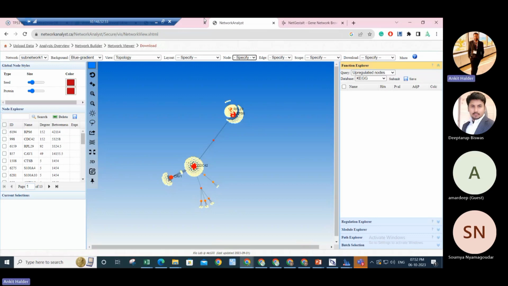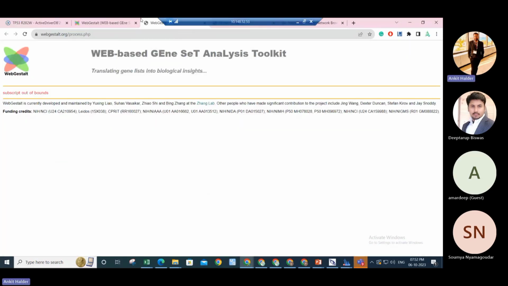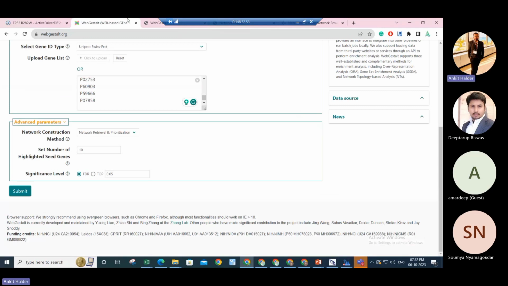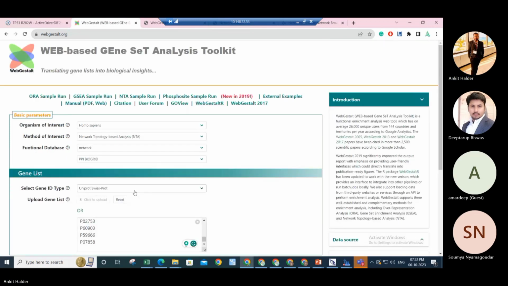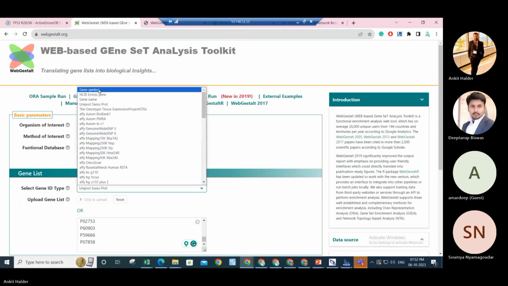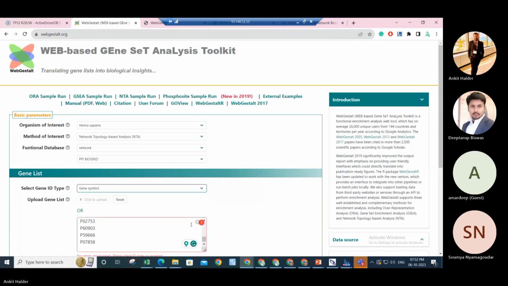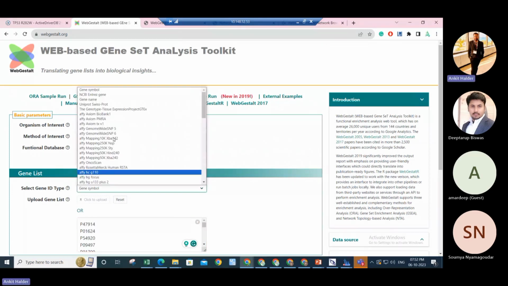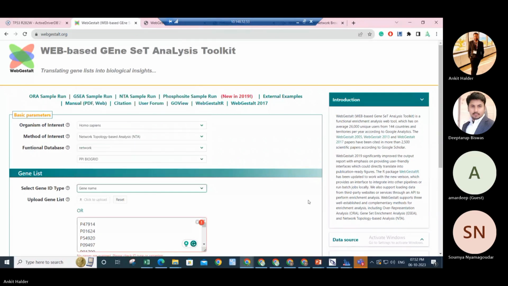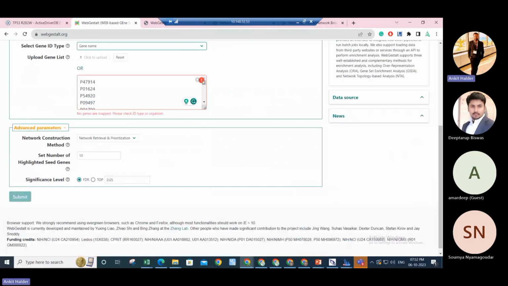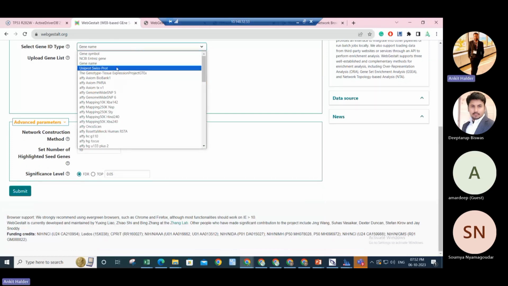There, I think it's showing certain things, but definitely if you provide these gene names. If we say no genes are mapped, then definitely we have to give universal IDs.